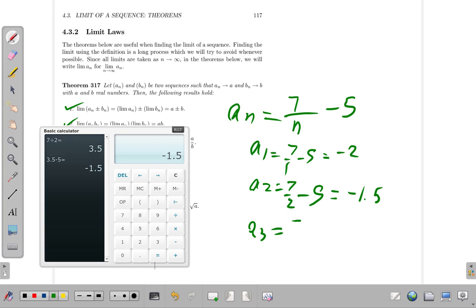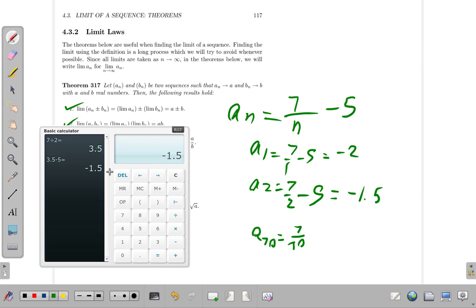What about A3? Or let's speed it up a bit. What would A70 be? It is 7 over 70.